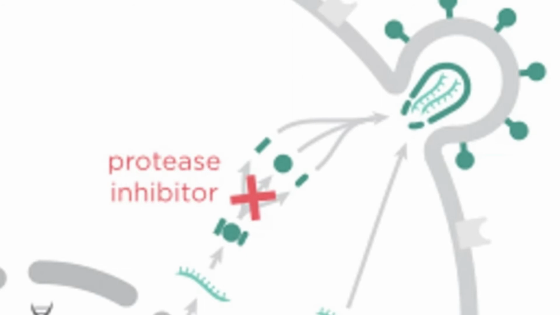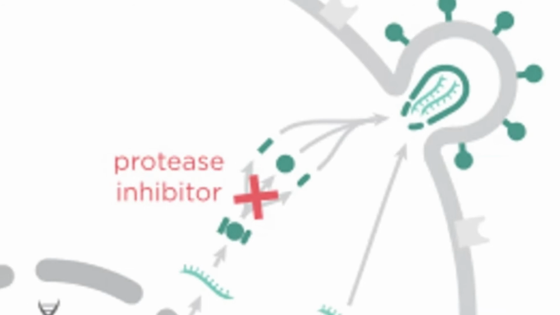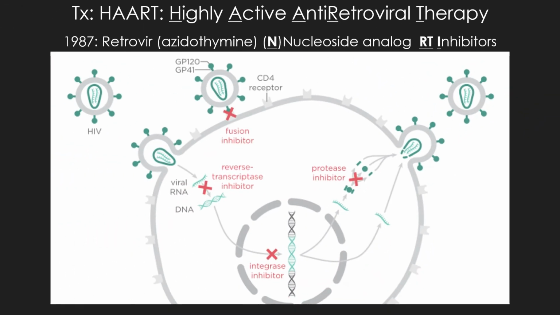So remember in chapter 13 we talked about the fact that viruses can be described as viruses or virions. Virus doesn't necessarily mean metabolically active, whereas virion does.